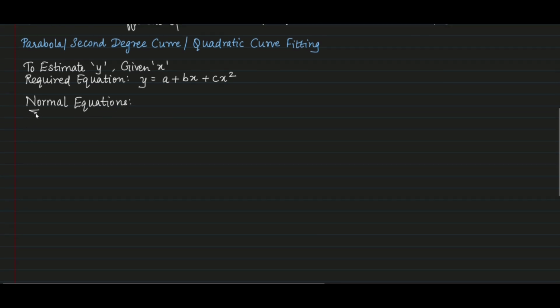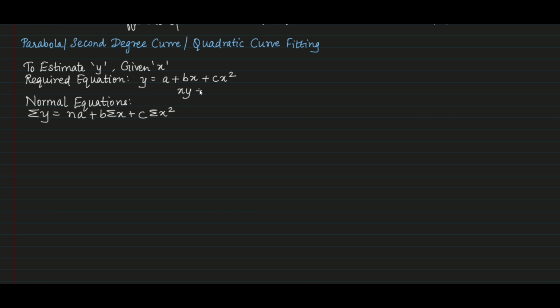The first normal equation will be the summation of the required equation. Summation of y is equal to n times a plus b summation x plus c summation x square. To find the next normal equation, we multiply the required equation by independent variable, that is x.